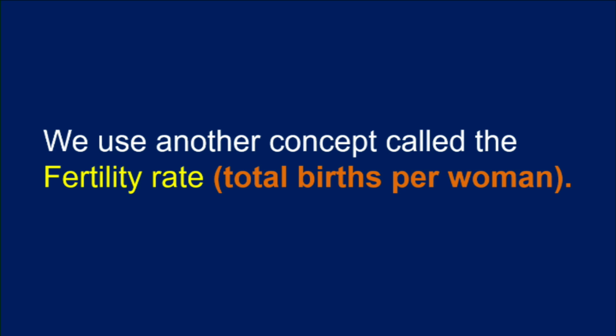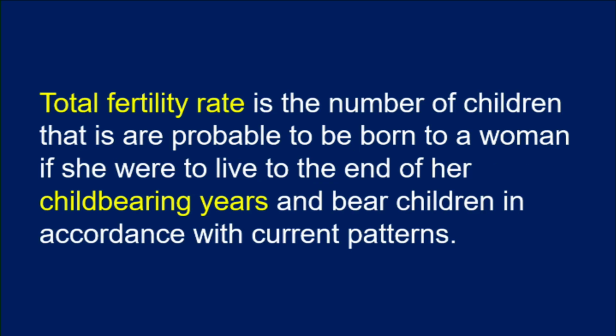We call this fertility. Total fertility rate is the number of children that is probable to be born to a woman if she were to live to the end of her childbearing years and bear children in accordance with the current patterns.